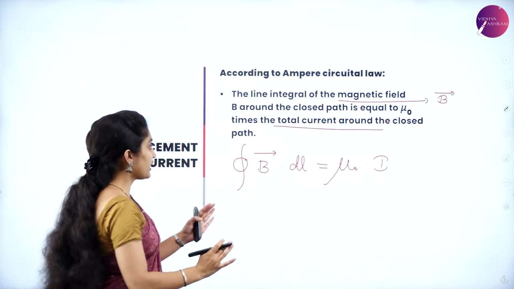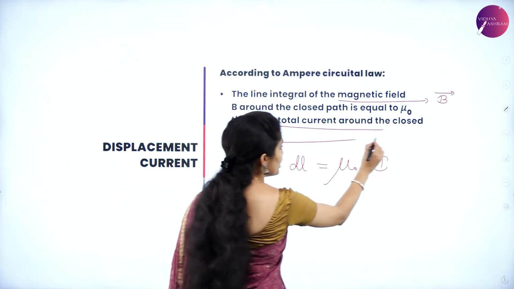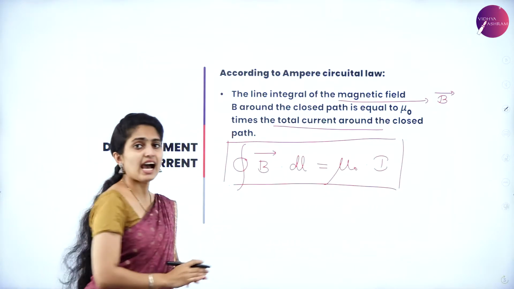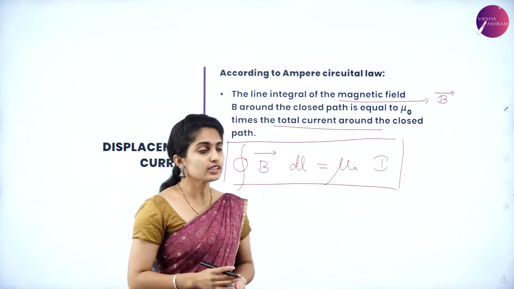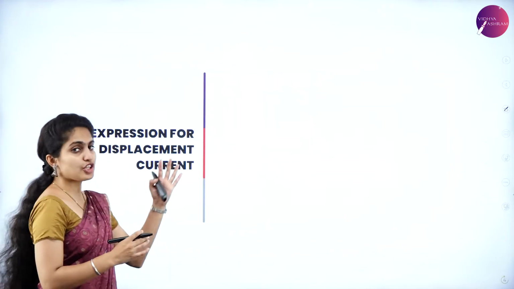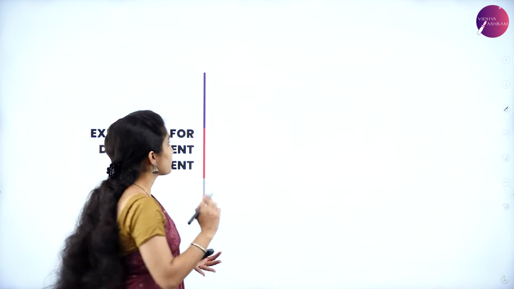Okay, so now we have this expression which was called the inconsistency term. That is because here we have the expression for displacement current. So let us see why it was called an inconsistency.